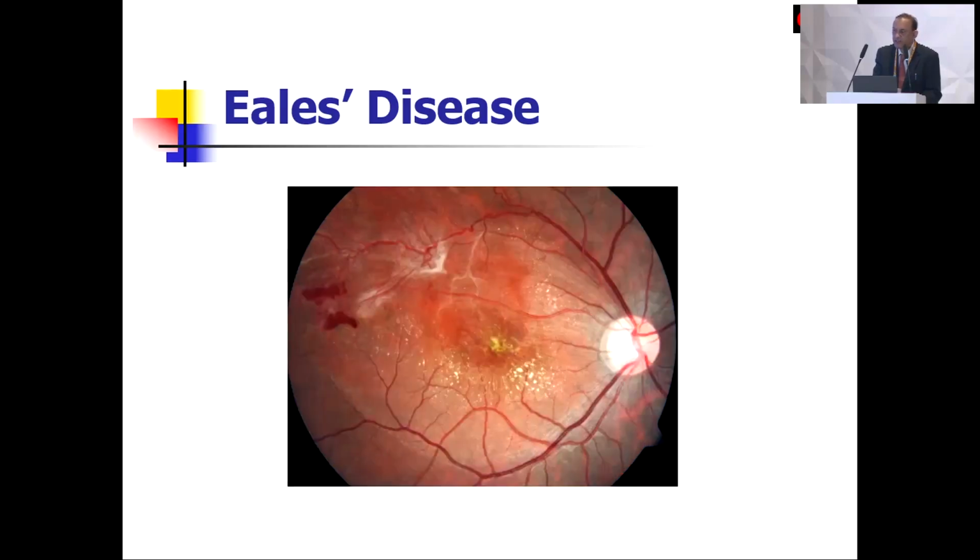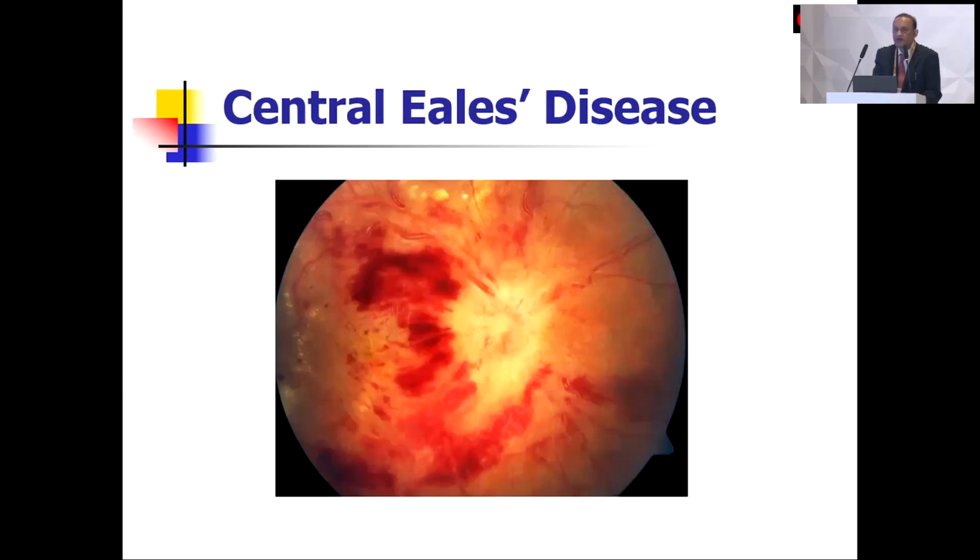Here is another example as the disease goes into the proliferative stage. You can see multiple NVEs and associated macular edema in this case. And finally, some of the cases present as central Eales disease, which is basically papillophlebitis, associated with vasculitis.